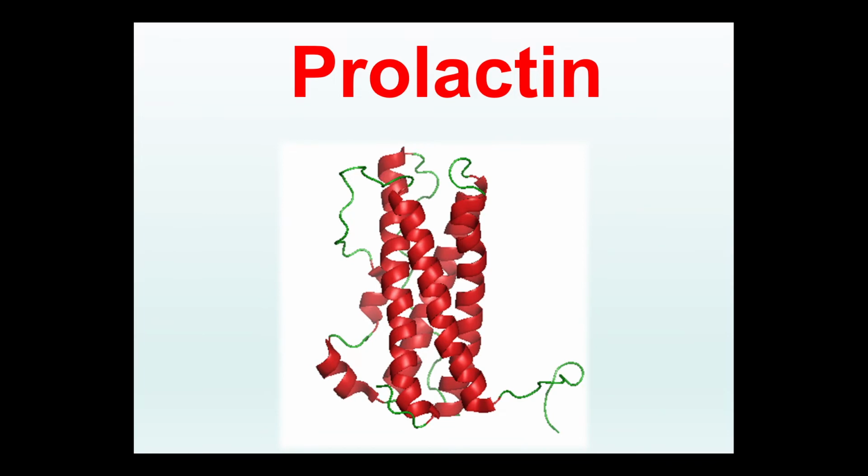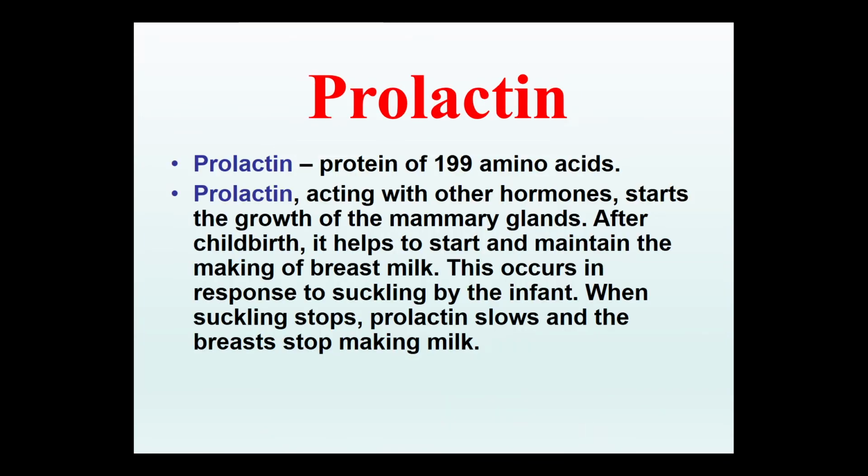Prolactin. Prolactin is a protein of 199 amino acids. Prolactin, acting with other hormones, starts the growth of the mammary gland. For example, estrogens provide a well-studied positive control over prolactin synthesis and secretion.